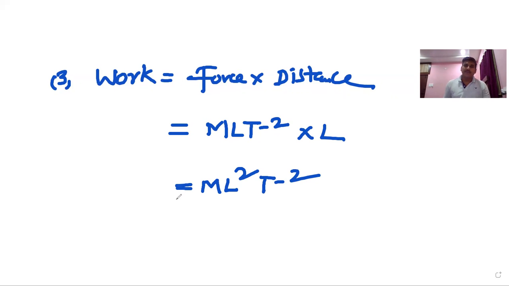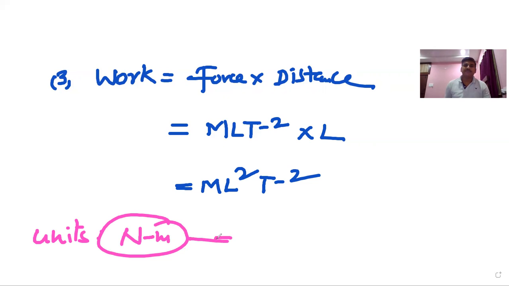Now, coming to the units, force is Newton, distance is meter, so Newton meter in the SI system.